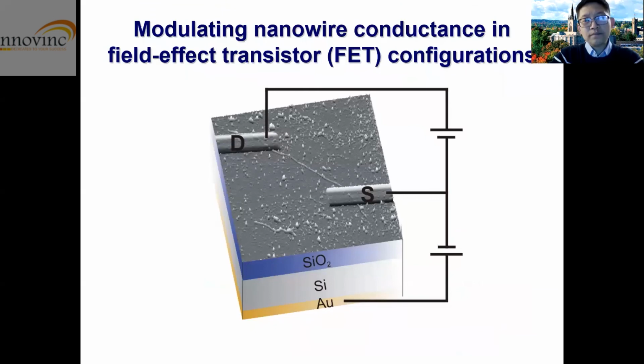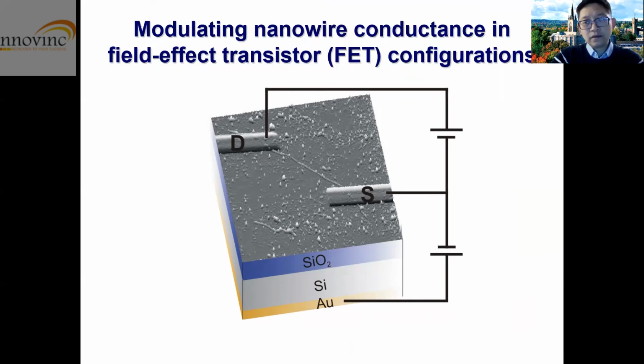So we use the most traditional way to characterize this semiconductive property of the bacteria. To do that, we build a field effect transistor, still by our nanofabrication, on this gold silicon dioxide substrate.